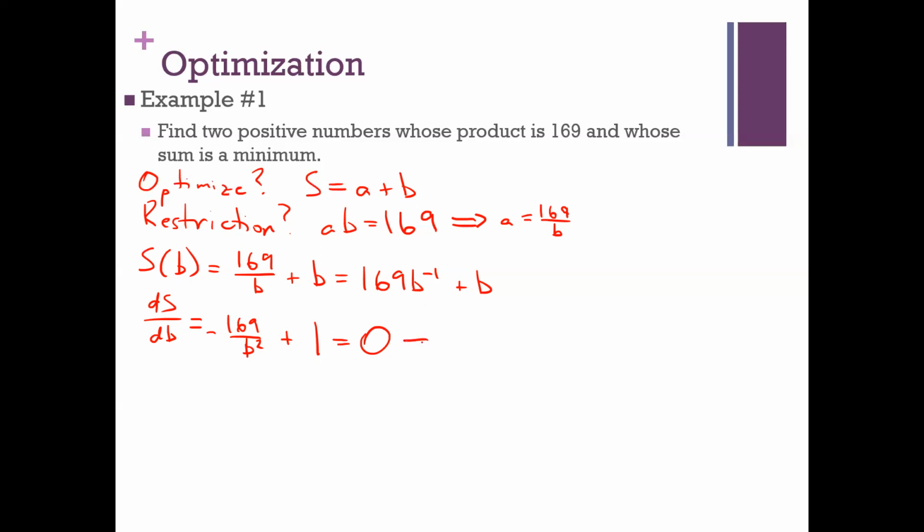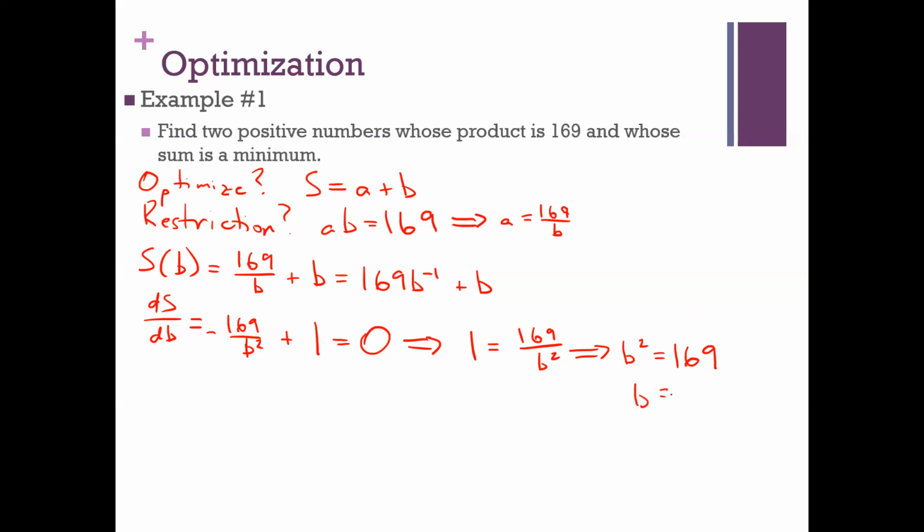So moving some things around, I get this equation. 1 equals 169 over B squared. What does that say about B? B squared equals 1 divided by 169. Not quite. I think it's just B squared equals 169, if you multiply both sides by B squared.